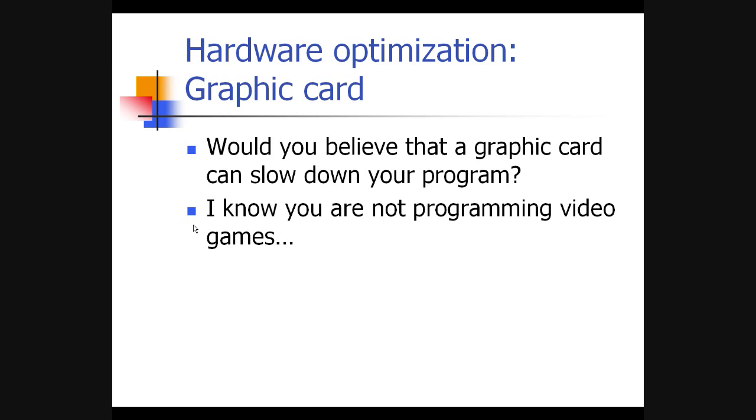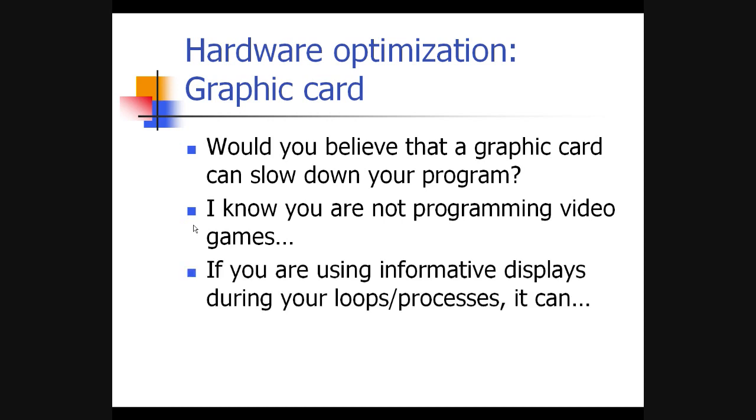So it's something that can and will influence the speed of your program in many cases. And believe it or not, you can have a process go 10 times faster because you have a good video card in the machine.